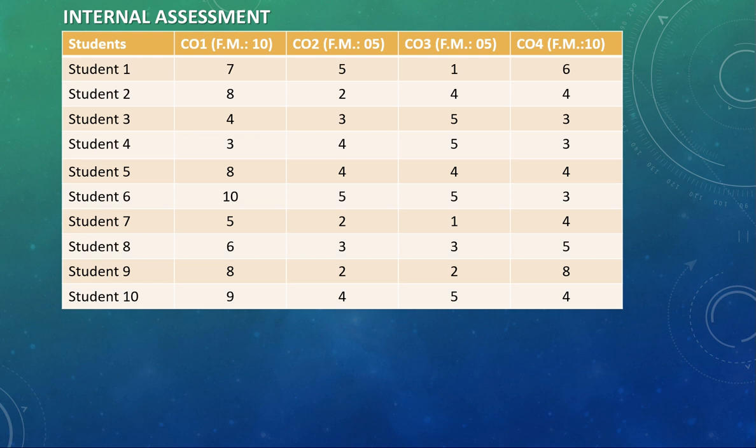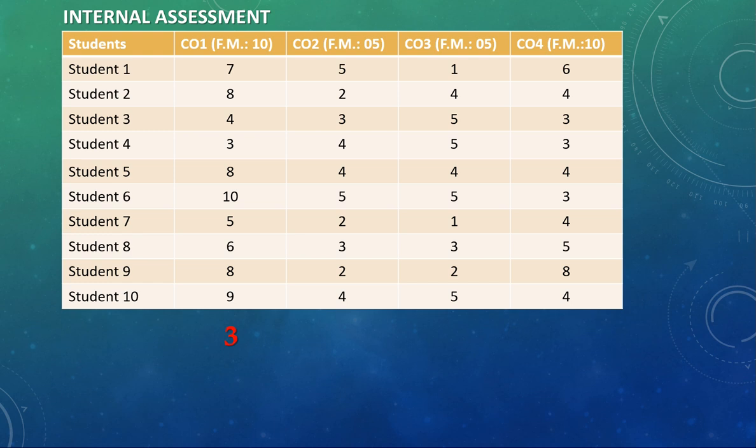Therefore, when we come to CO1, what is the situation here? We find that 8 students have scored equal or more than 50% marks. Therefore, the level of attainment for CO1 will be 3.